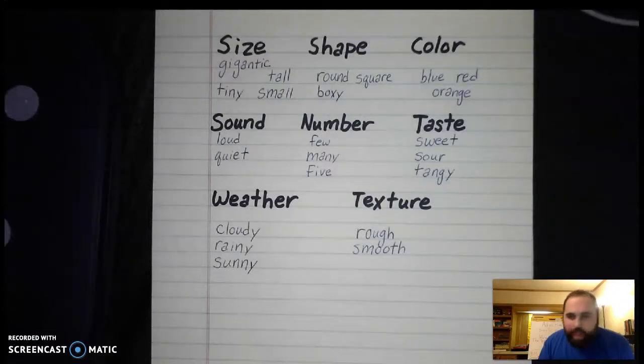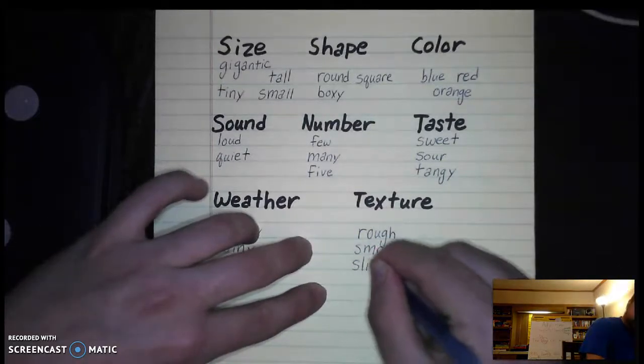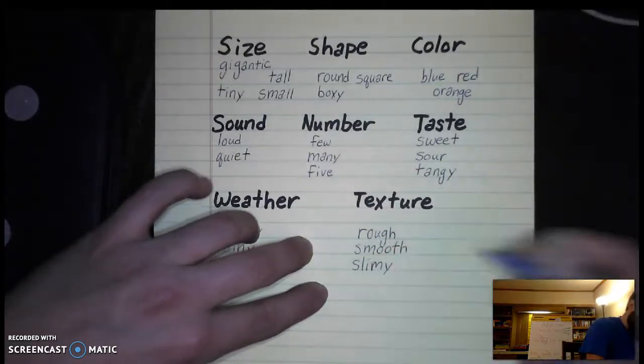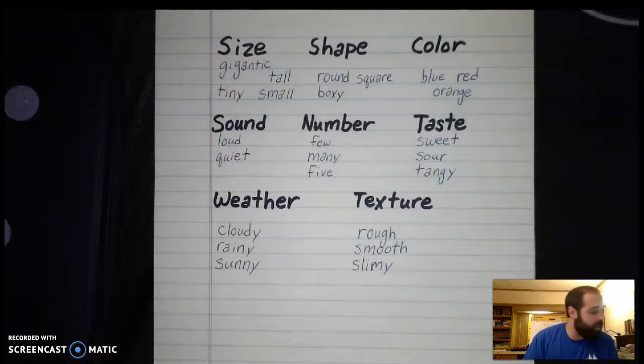How you describe slime. You nailed it, and you know I hate it. It's very slimy. So, we have a bunch of different categories of adjectives that you can use. And feel free to always be taking note of different adjectives that you can be using in your writing.